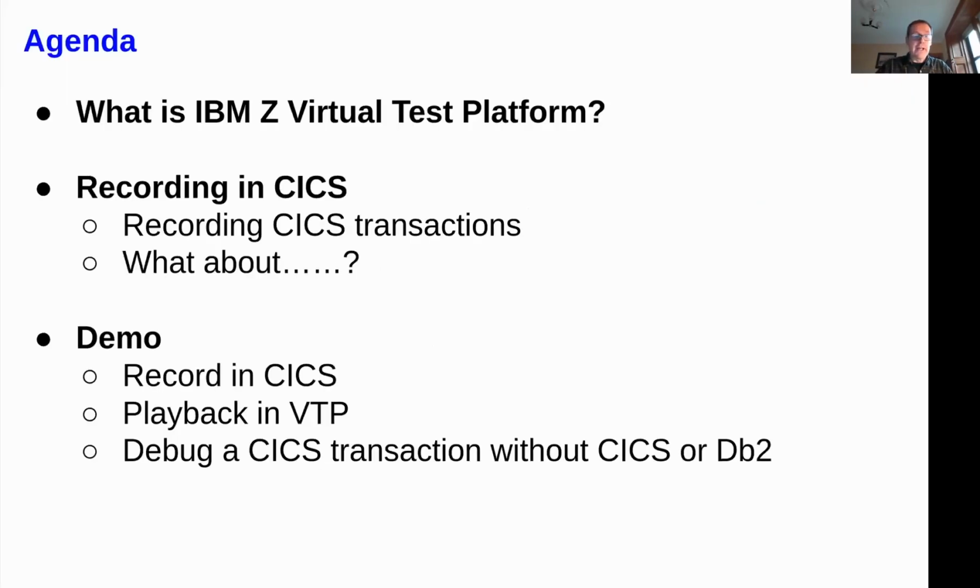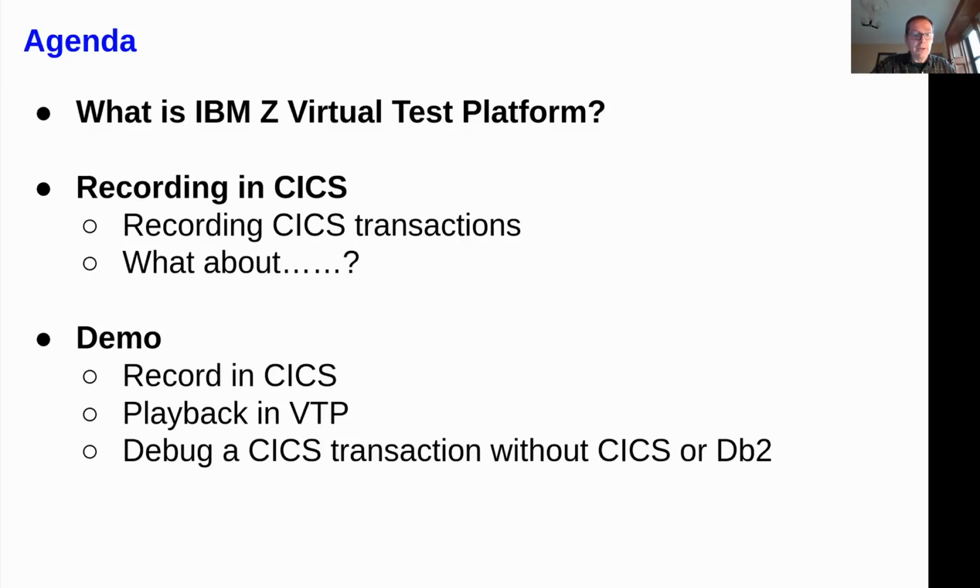So the agenda we have laid out is, Joe's going to start and he's going to give us a brief introduction to the product itself, IBM Z Virtual Test Platform. And then I'll talk about some of the challenges I've just inferred. How did this product manage to successfully record this customer's CICS transactions with some of the complex variables at play?